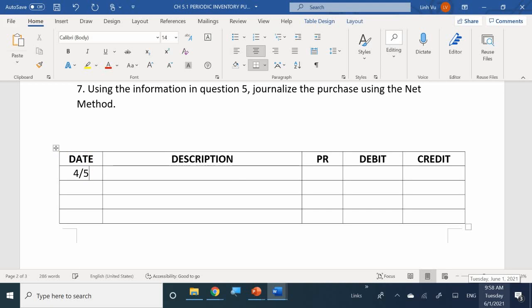Accounts payable would be the 4850. Purchase expense would be 4750. And freight for $100.